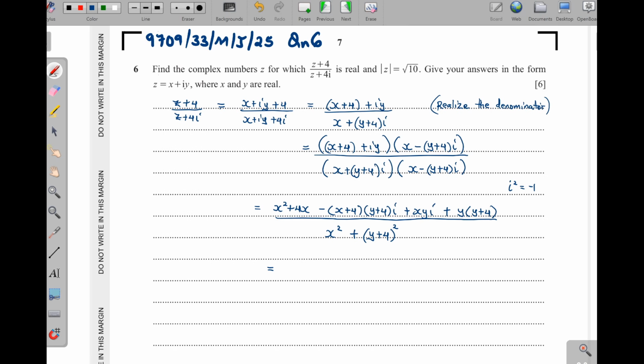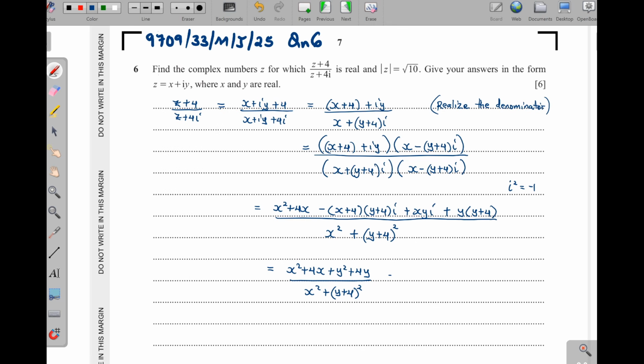Now, after that, separate the imaginary from the real. So I can have x squared plus 4x. Then this one here is y squared plus 4y. Okay? And then this one is going to be out of x squared plus y plus 4 squared.